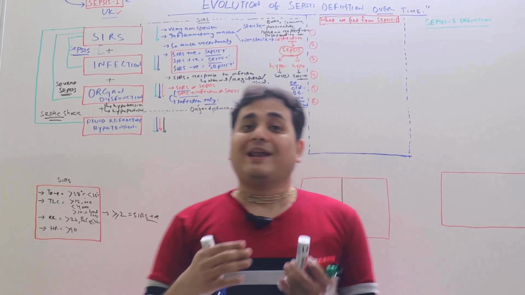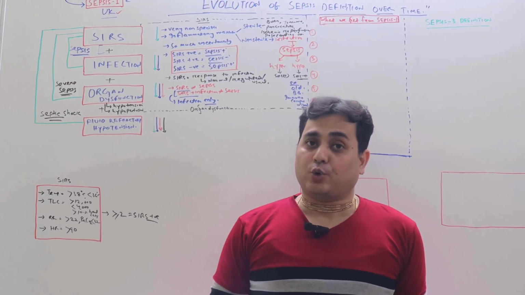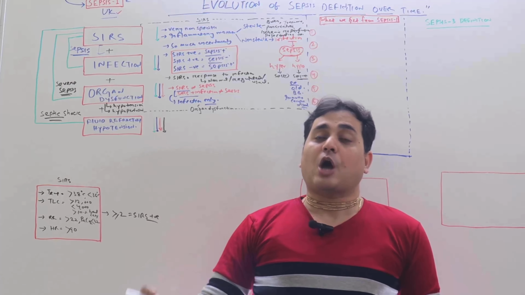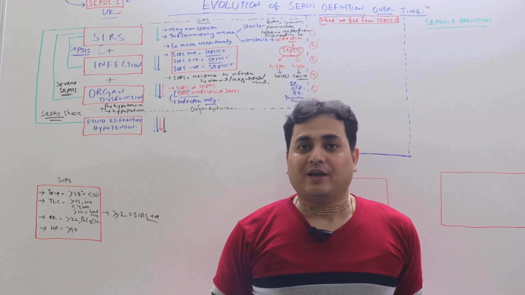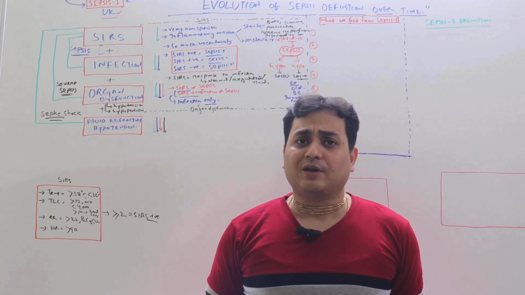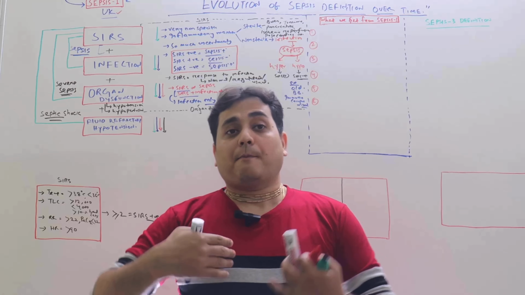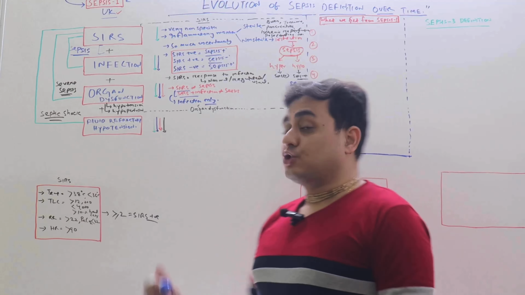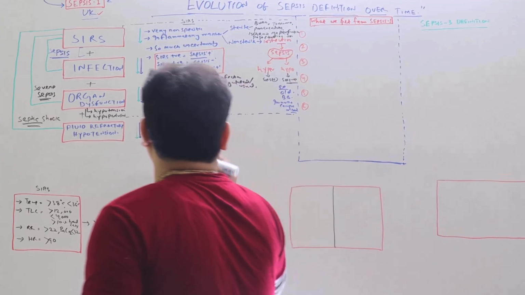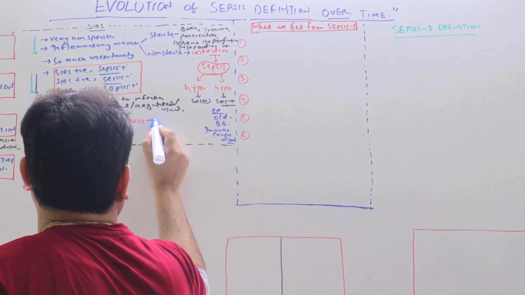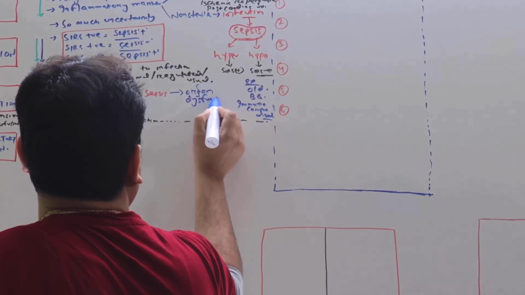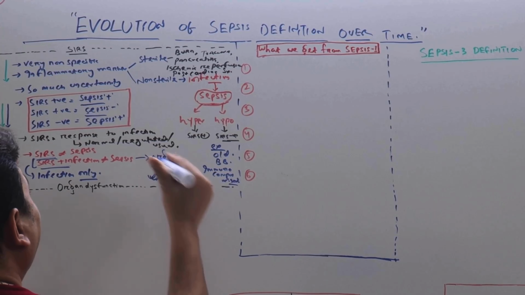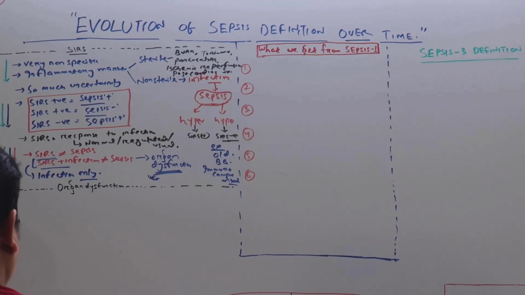Normally when I get infected, I take medicine and get cured. But if I have a chest infection and my kidney goes down and I become completely anuric, that is something unusual. With my existing infection, my other organ systems are also failing. This is not normal. So this is called sepsis. Sepsis means organ dysfunction has to be there. Without organ dysfunction, sepsis has no meaning. Organ dysfunction defines sepsis.